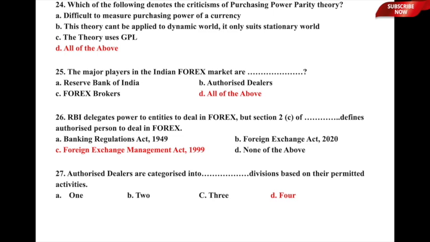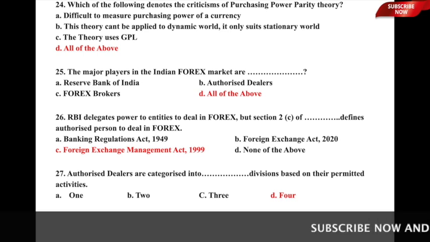So which act's section 2C defines an authorized person to deal in foreign exchange, whether it is A, Banking Regulations Act of 1949, B, Foreign Exchange Act of 2020, C, Foreign Exchange Management Act of 1999, or D, none of the above. So here the correct answer is that section 2C of FEMA, that is Foreign Exchange Management Act 1999, defines an authorized person to deal in the foreign exchange market.